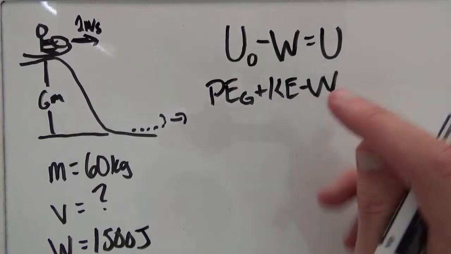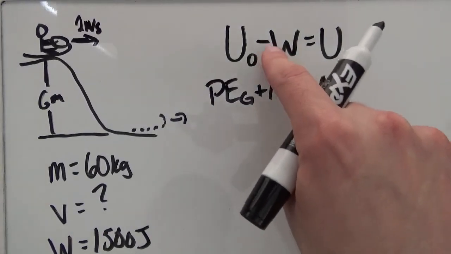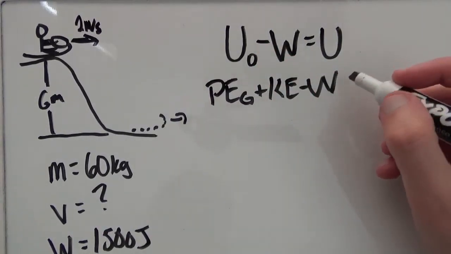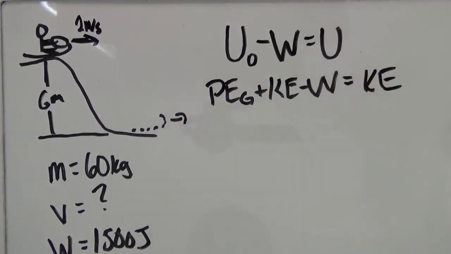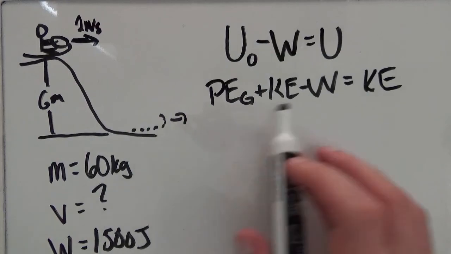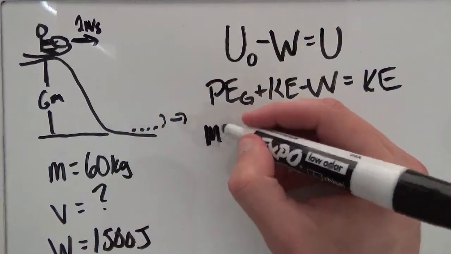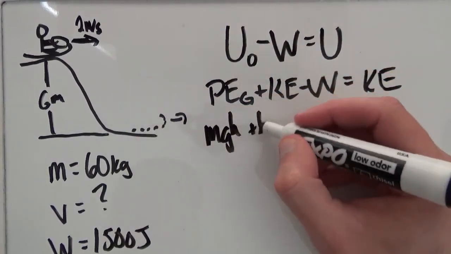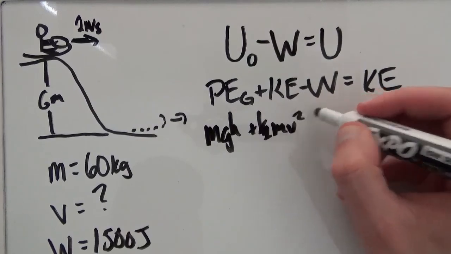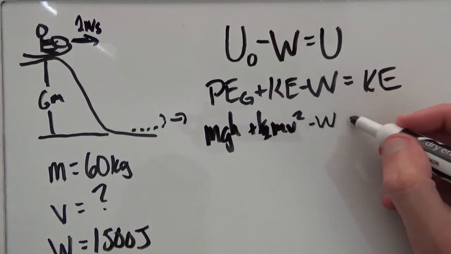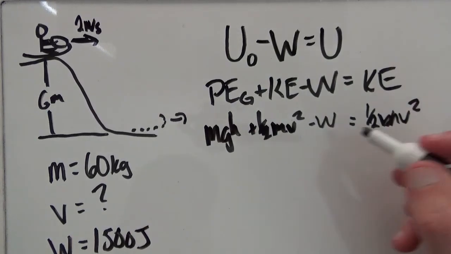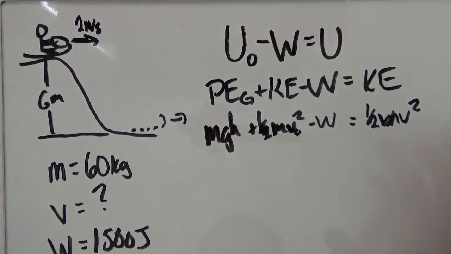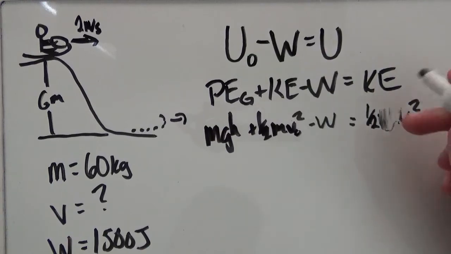Friction does negative work, negative sign here, because friction's removing energy from the system. And at the end, we're only accounting for kinetic energy. So, PEg, mgh, plus 1/2 mv squared, minus the work done by friction, equals 1/2 mv squared, except this initial velocity right there. That's an ugly, ugly looking thing.